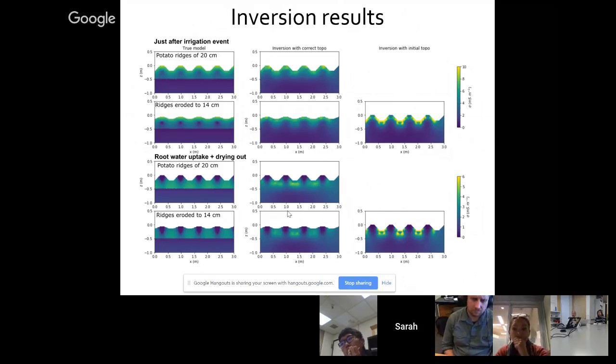I just wanted to get a sense of which features you see on the inversion you're glad to have, and which ones are really a bad artifact you want to get rid of. What is good, for example, is that we seem to capture these infiltration fronts quite nicely. What I don't like is probably the array, not the inversion. The array is not going deep enough to be sensitive to both horizons.